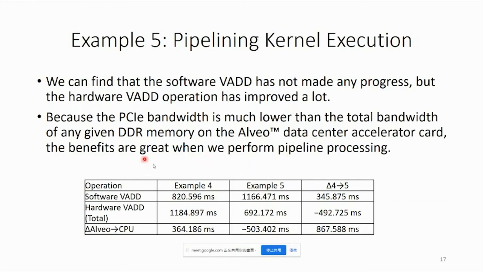Then the benefits are great when we perform pipeline precision, because when we do pipeline, the data we send into the card at one time will not be much, so we can do the hardware part much faster.